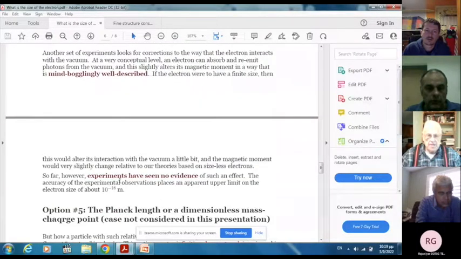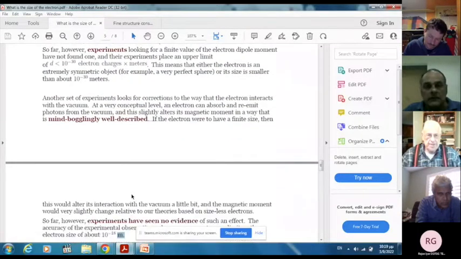This method concludes with an upper limit on the size of the electron. The upper limit means the maximum size it can have, at 10 power minus 18 meters. So this is another conflict.